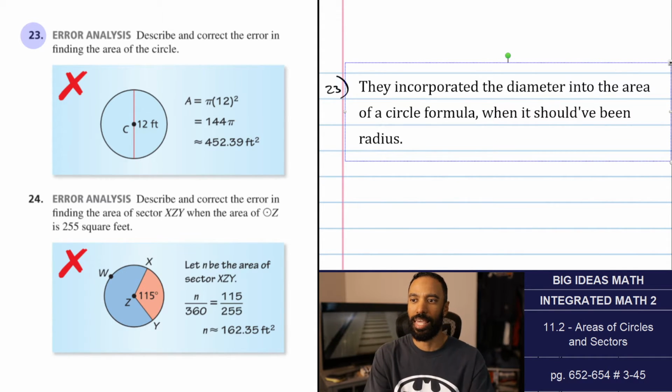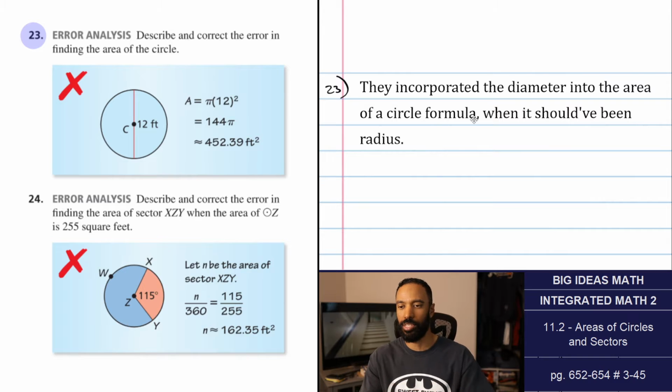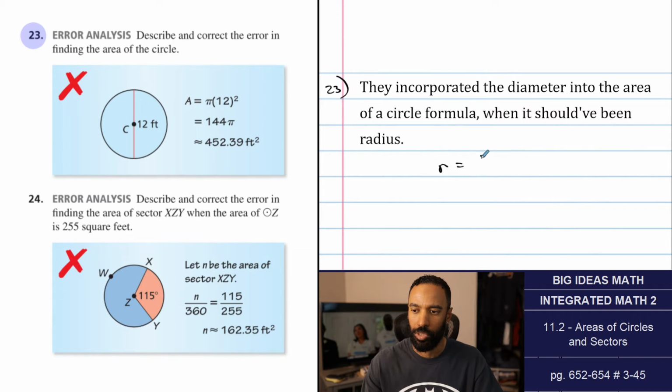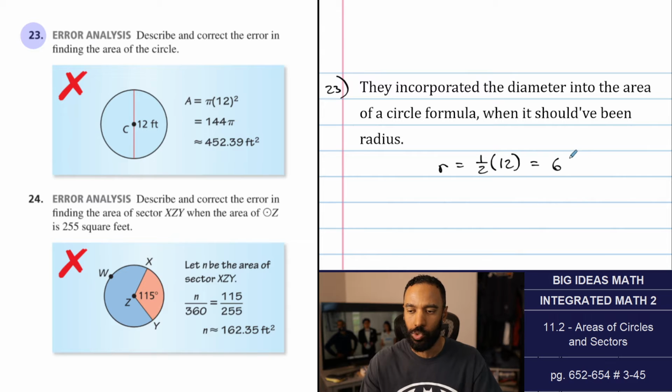Now it does look like they round it to the nearest hundredth. I know that the radius is diameter divided by 2, so a mistake would be to take half of that area. This will not be half of that area, and I stated this before. This will be a quarter of the area. Your answer is going to be closer to 113 something. So the radius is 6 feet.